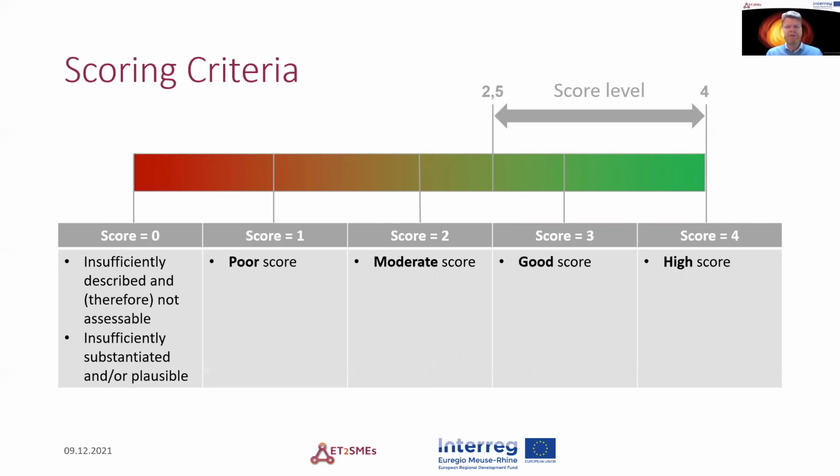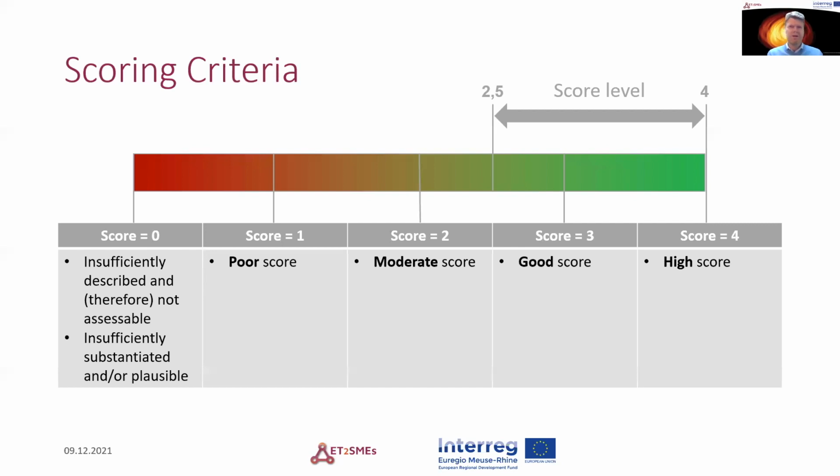And the scores that will be given can vary between 0 and 4, where 0 most logically is insufficient, like in the early days at school, where you have not filled in the application completely, where the criteria are insufficiently described, or where the information provided is not sufficiently substantiated. We assume that this will not be the case because we will support you with the application.